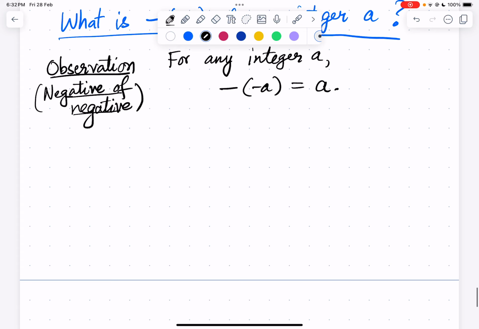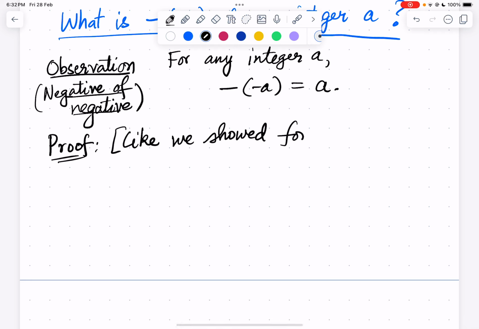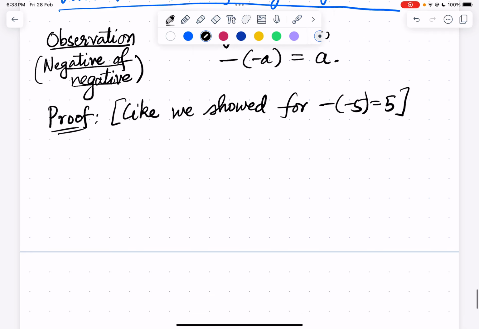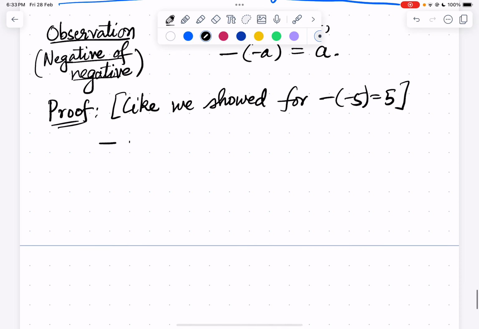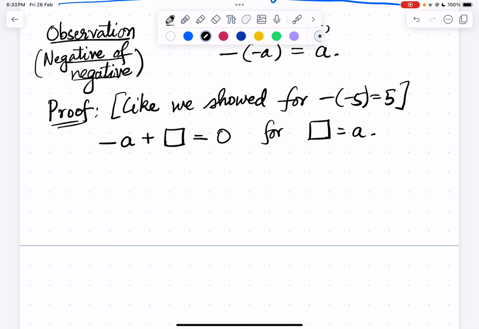So the proof is like we showed for minus of minus 5 equals 5. The proof is the same. Minus a plus box equals 0 for box equals a. Hence, minus of minus a is a.